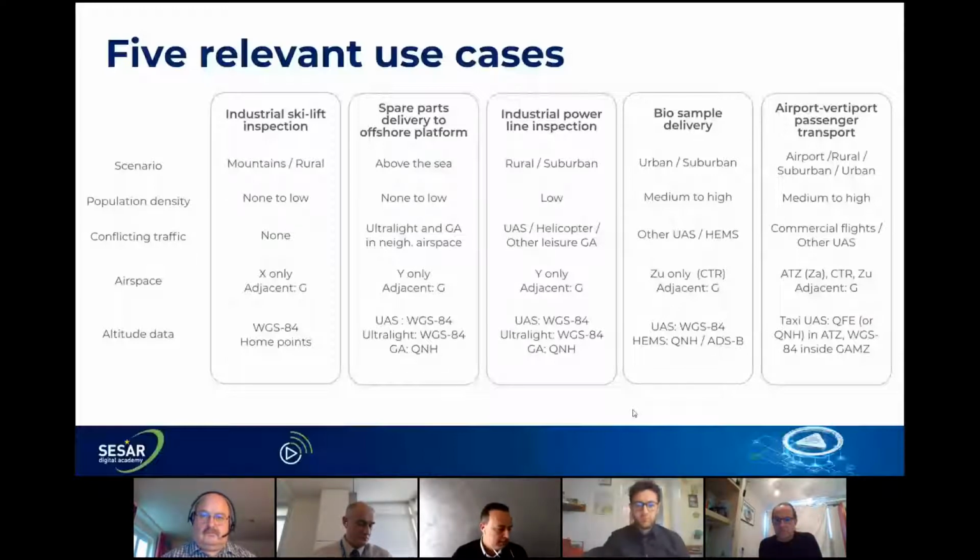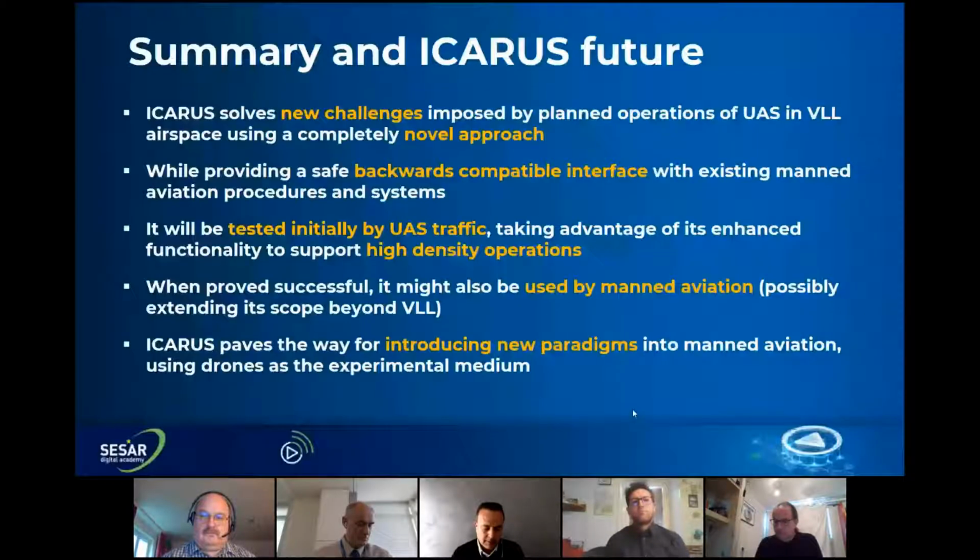As a final recap, Icarus proposes a solution to solve the challenge of the common altitude reference system with a novel approach that will allow high-density drone operation, especially in the cities, where actually we cannot separate traffic vertically.